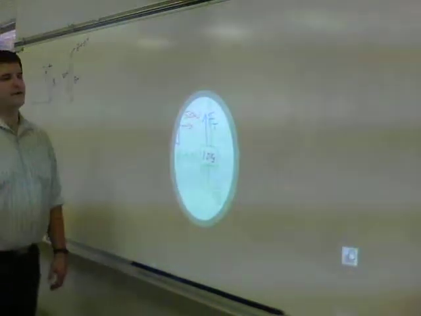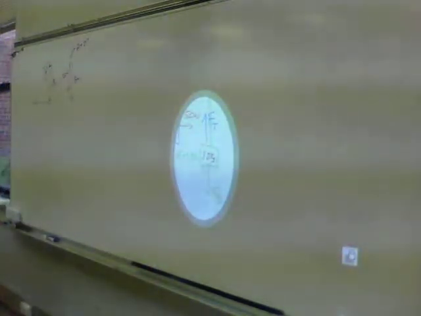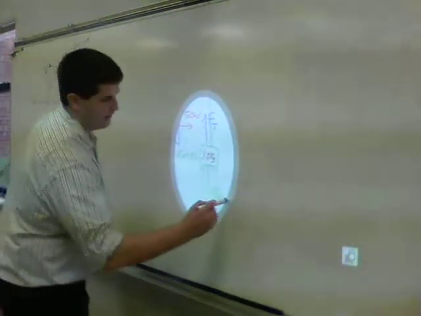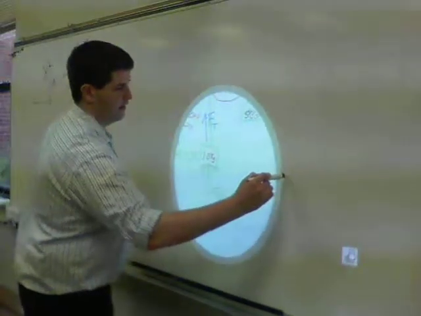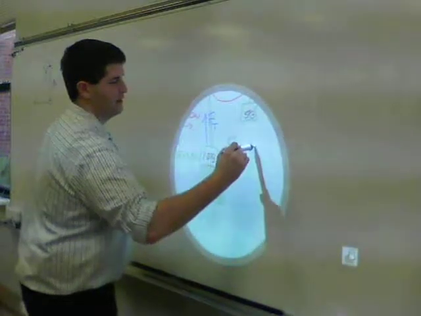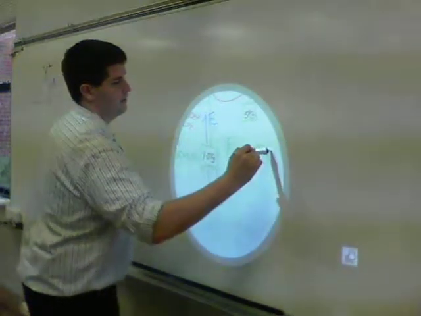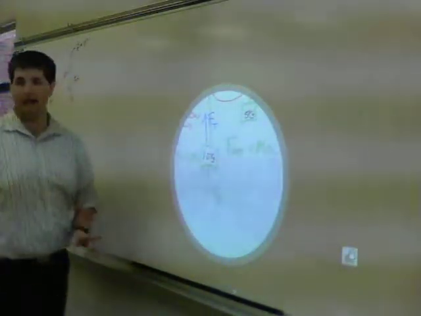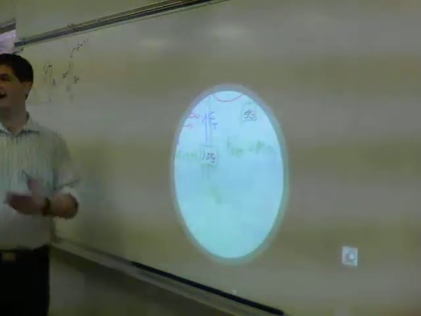And so we can now set up an equation. We end up getting F net equals MA. This is now going to be of this block, not of the system.